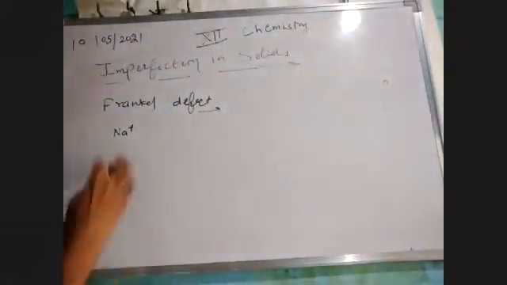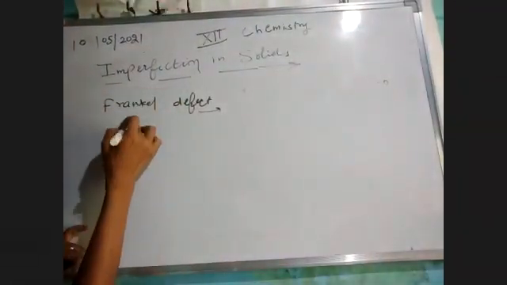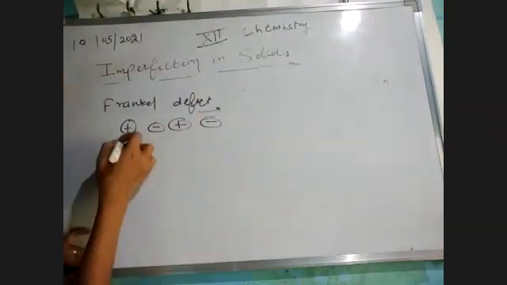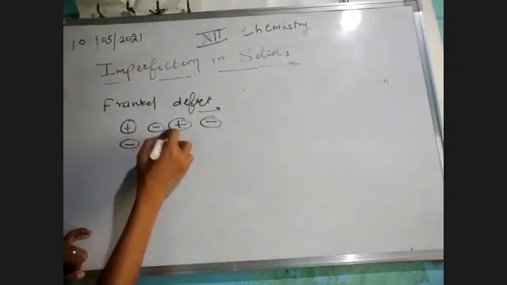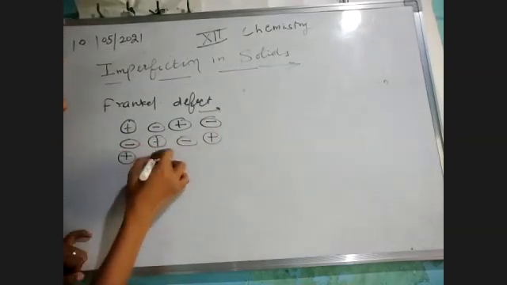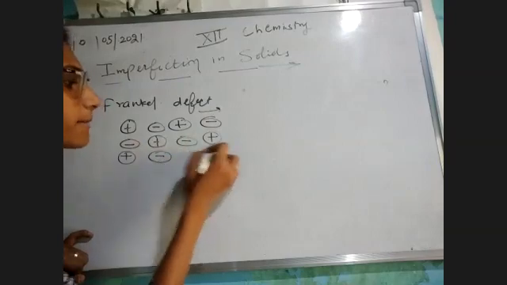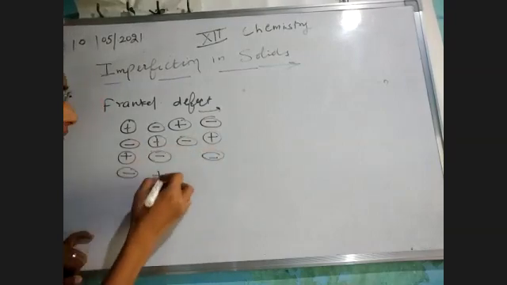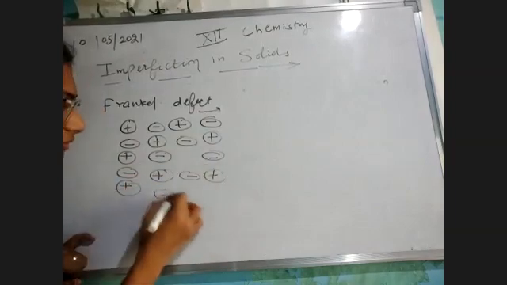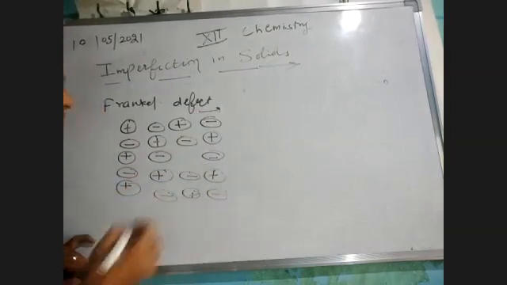Let's say having the example of silver chloride, or let me just take it as positive negative to avoid any kind of problem. Same as it is, there must be positive, negative, positive, negative, negative, positive, negative, positive, positive, negative, positive, negative.